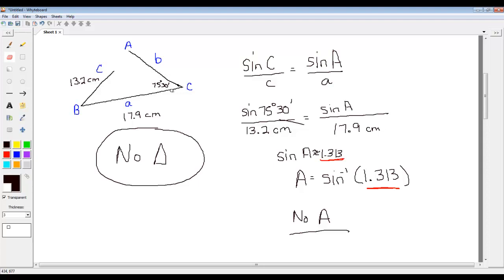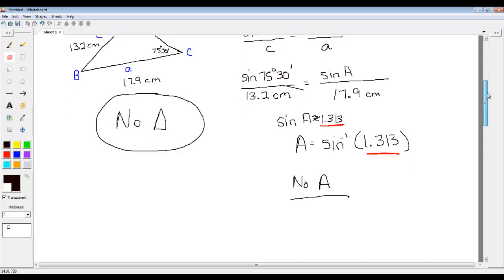You have to have this angle here, and I'm not sure how long this side could be, but this one's not going to connect with it. It's just the way it's set up. So no triangle is going to work there. Sometimes problems are set up so that there is no solution to them.